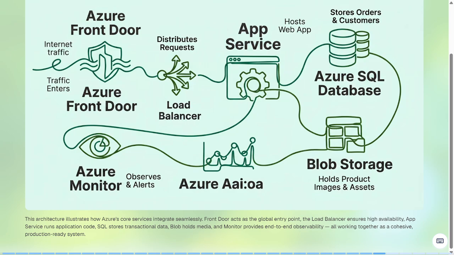Azure SQL Database handles order and customer data. Azure Blob Storage delivers images and media. Azure Monitor continuously tracks system health. All these services work together seamlessly as a unified cloud system.